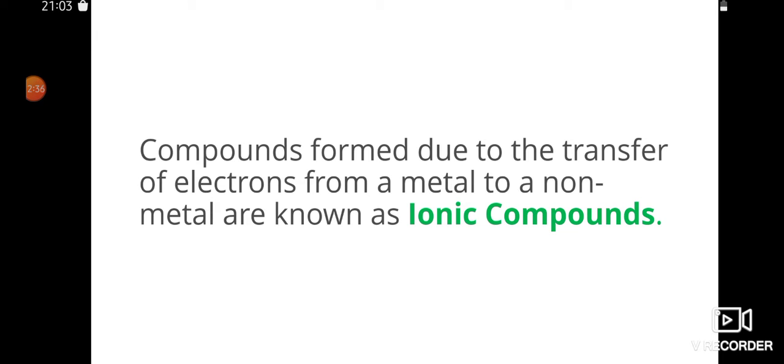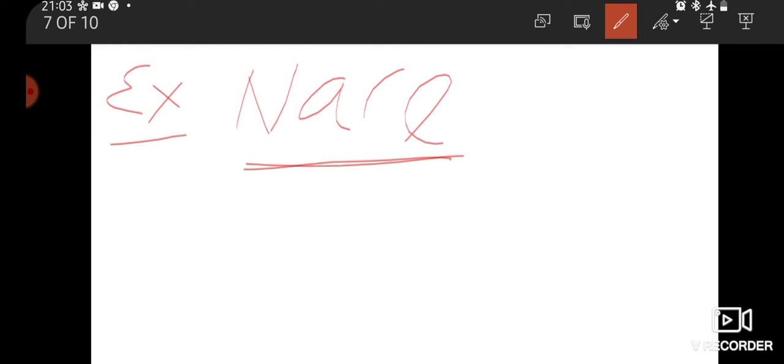Compounds formed due to the transfer of electrons from a metal to a non-metal are known as ionic compounds. Example: NaCl. Sodium chloride is a good example of an ionic bond.